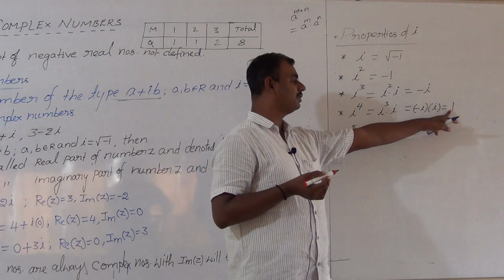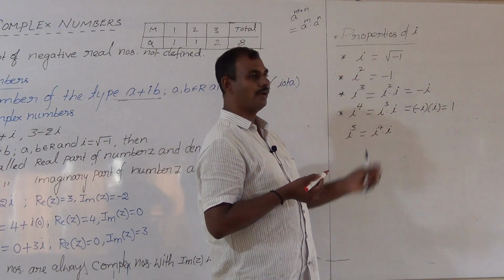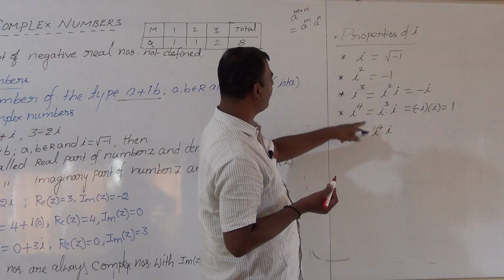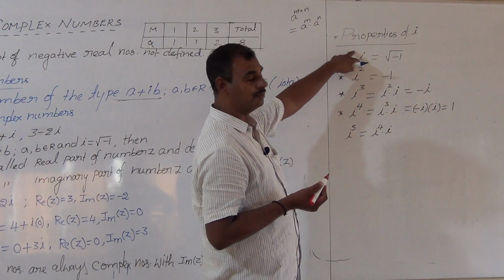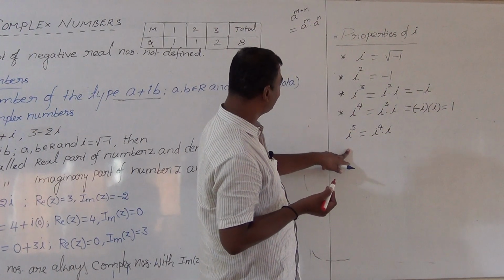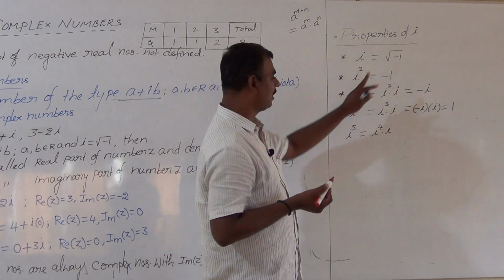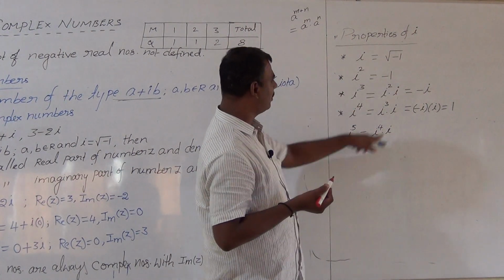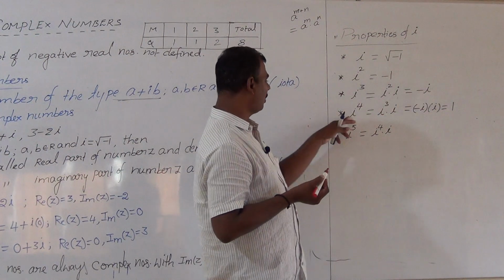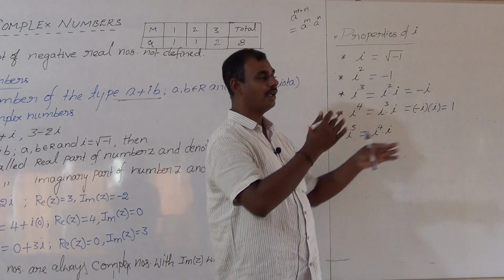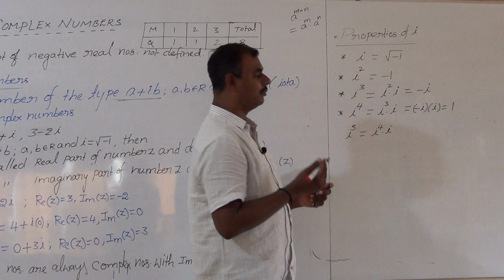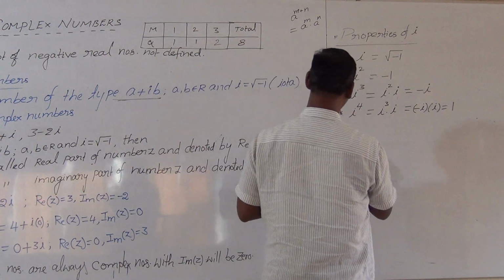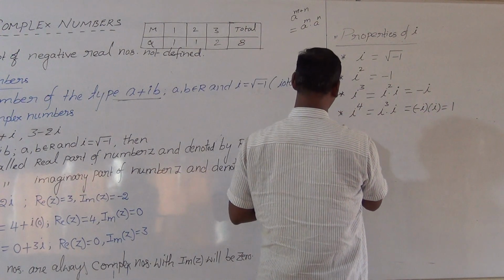Yes, it is 1. 1 into iota is iota. Again, the first term comes: iota raised to 6 will be minus 1, iota raised to 7 is minus iota, iota raised to 8 is plus 1. Like this a cycle is formed.